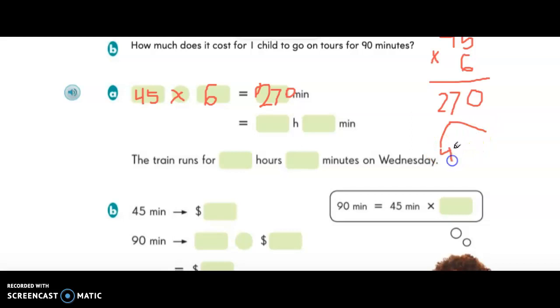So we can pull out 4 hours, which is 240 minutes, which means then we need to think 270 minus 240 to get how many minutes are left over, and that would be 30 minutes. So this would be converted to 4 hours, 30 minutes.